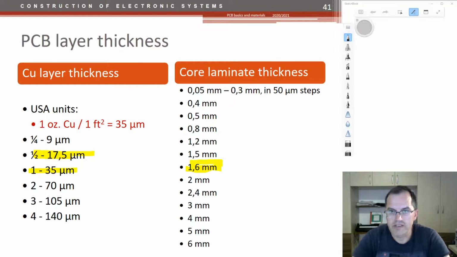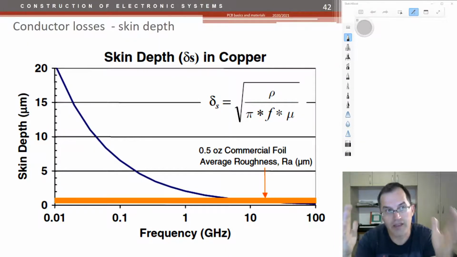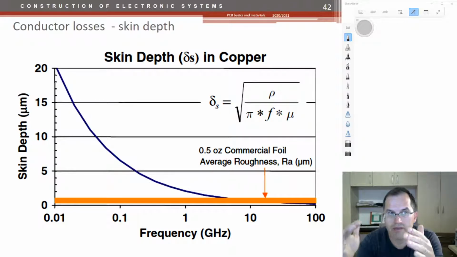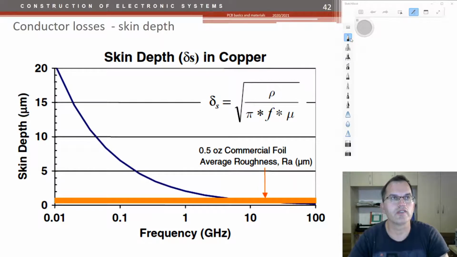About copper, there is another interesting feature which we didn't speak about yet. It's the skin depth. The thing is that at high frequencies, the current tends to flow only on the surface. That can be shown here.